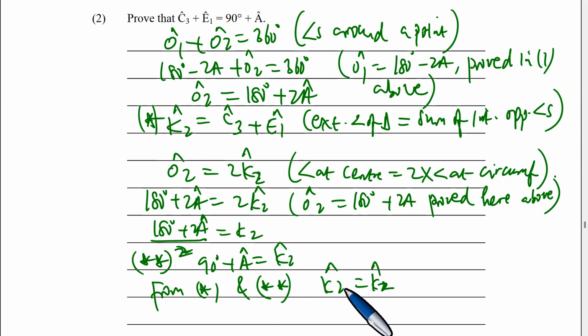If K2 equals K2, it means therefore that C3 plus E1 and K2 is 90 degrees plus A. So this is exactly C3 plus E1, which is 90 degrees plus A. So we're supposed to prove that C3 plus E1 is equal to 90 degrees plus A, and we've proven that. Okay, you can reduce the steps and try to include some relevant stuff there.